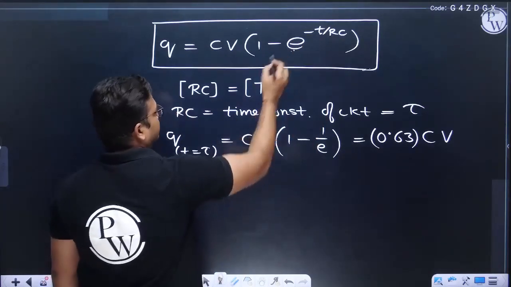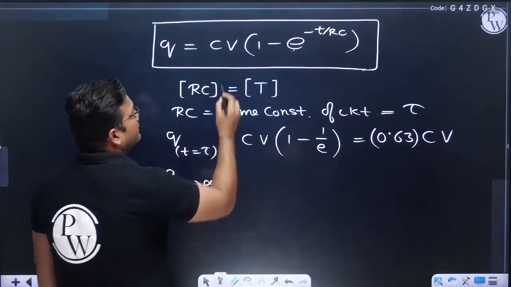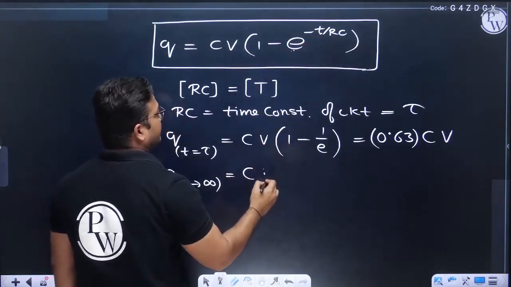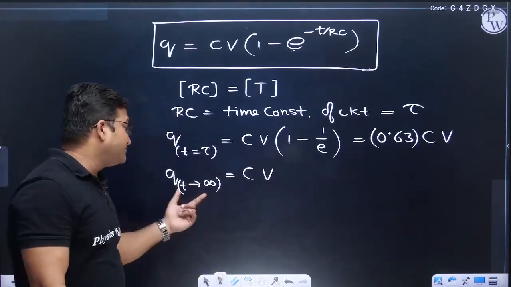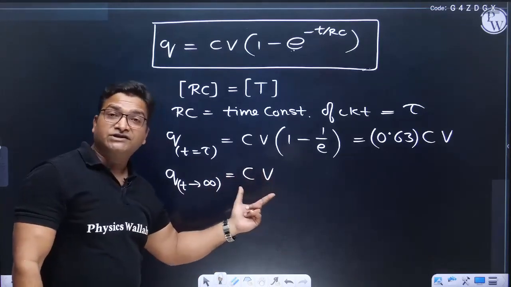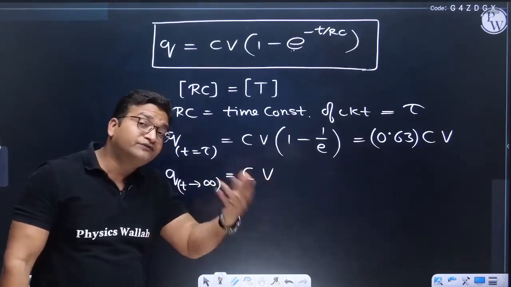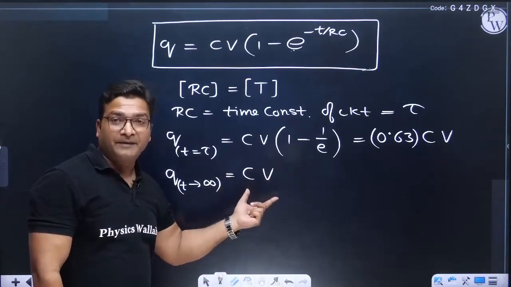So at t tending to infinity, the charge will be CV. So you can say after a very long time from the beginning, the charge becomes CV. This is the ultimate charge. If I had not used the resistance, the charge would be CV on the capacitor.